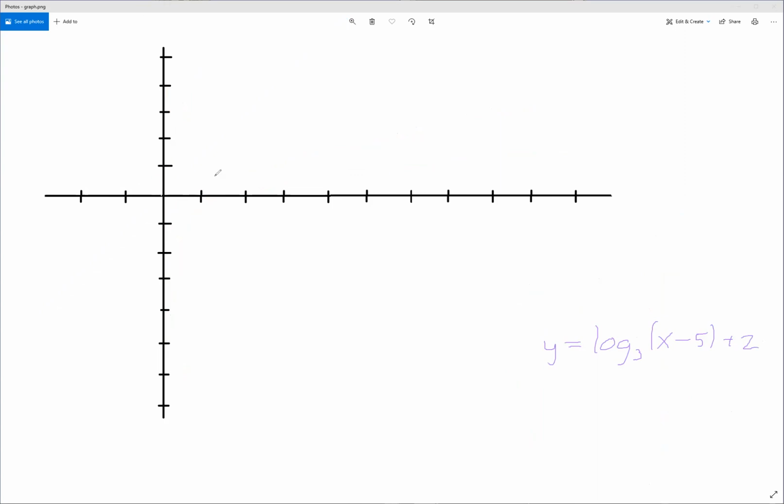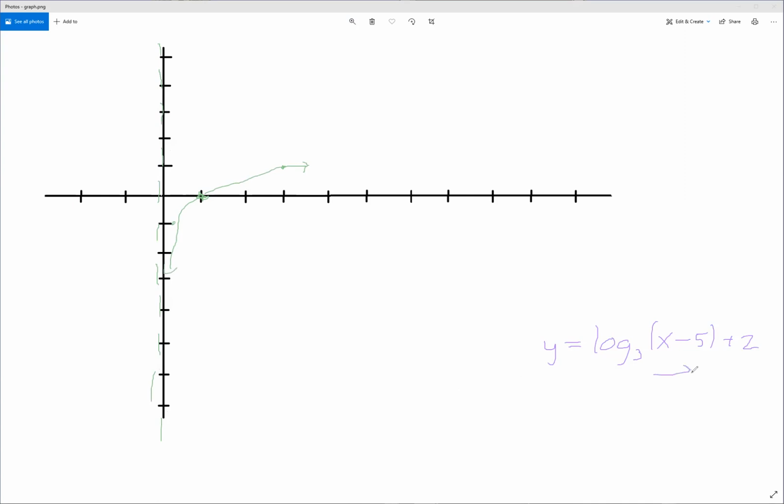If we were to graph the parent function log base 3 of x, we're going to have this asymptote here on the axis, but it's a vertical asymptote now. We would go through 0, 1. Our base is 3, so we go through 3, 1, and we would go through 1 over 3, -1. And we would connect, something like that.